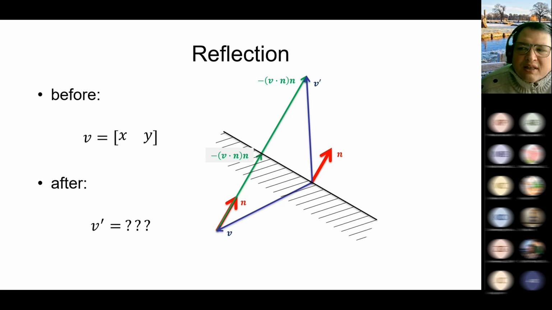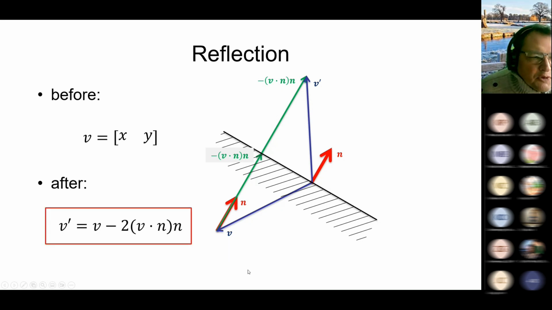And this means that we can now find the geometrical solution of our problem. V prime, or v final velocity, is equal to the initial velocity v minus v dot n n minus v dot n n, or v minus 2 v dot n times n. Okay, that's geometry. This vector plus this vector plus this vector gives us this formula. This is quite a fundamental formula.